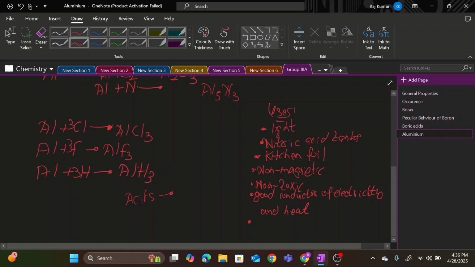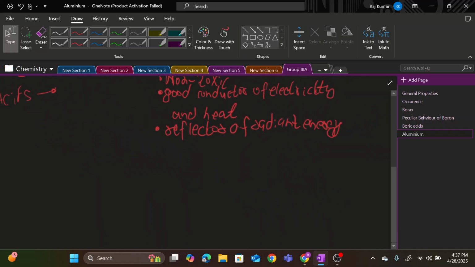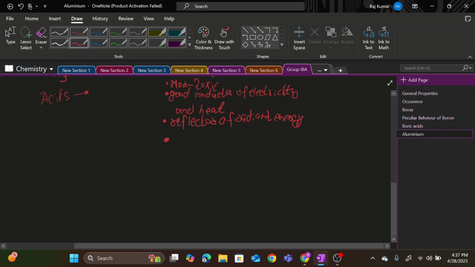It is a good reflector of radiant energy, and because of this reason it is used in making aluminum cans and bottles, because it prevents the drink from being overheated.